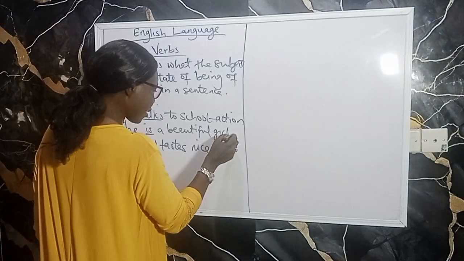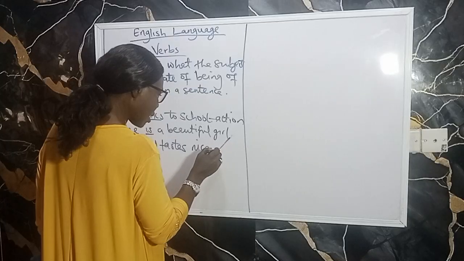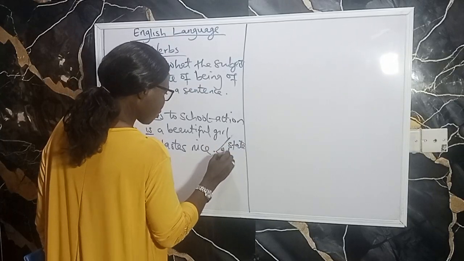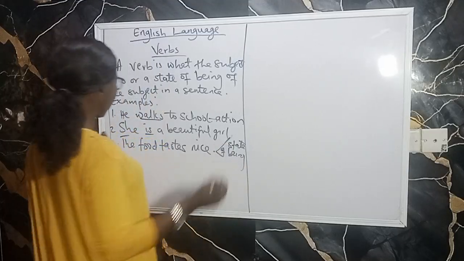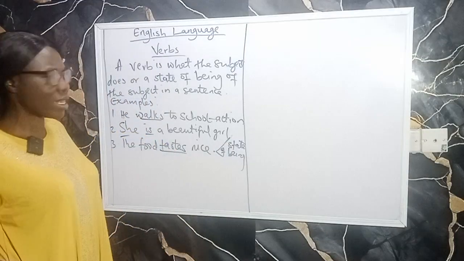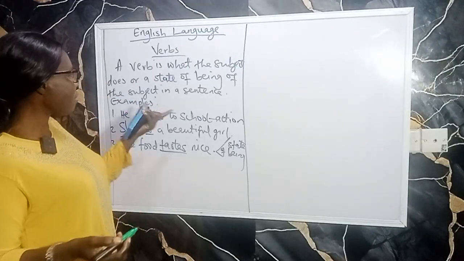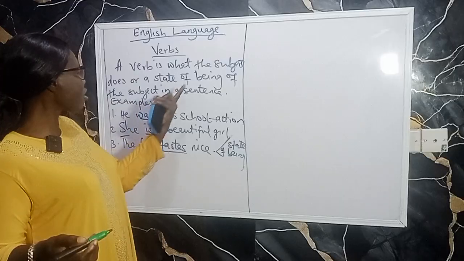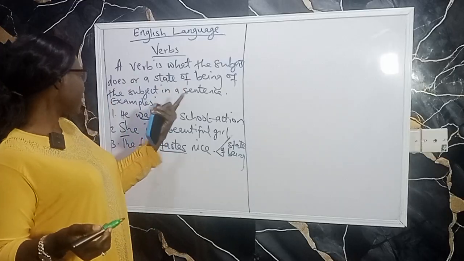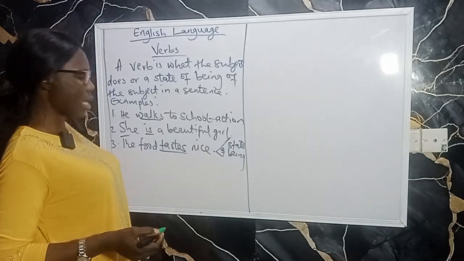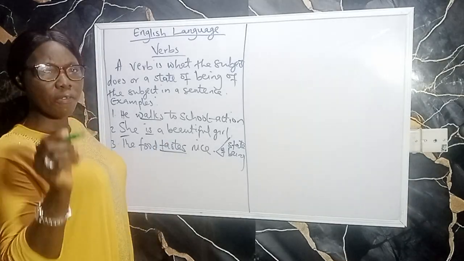So the two here are states of being. So you can agree with me that the definition is correct and complete. A verb is what the subject does or a state of being of the subject in a sentence. So with these examples, now we will go to types of verbs.